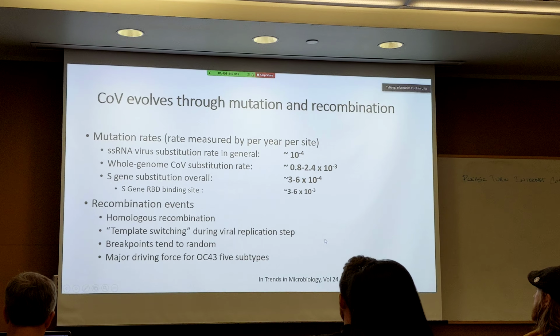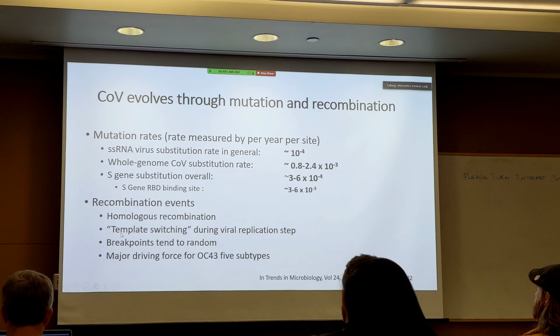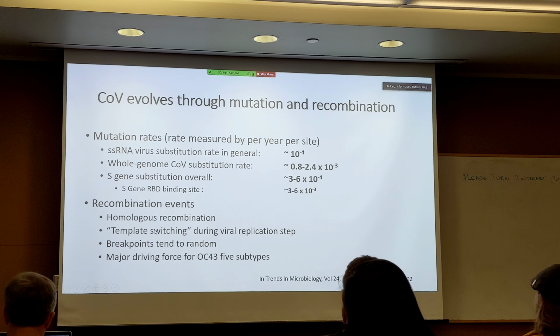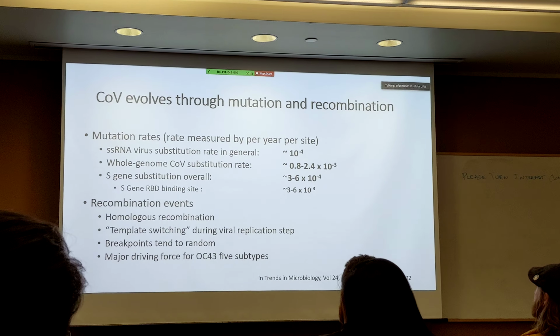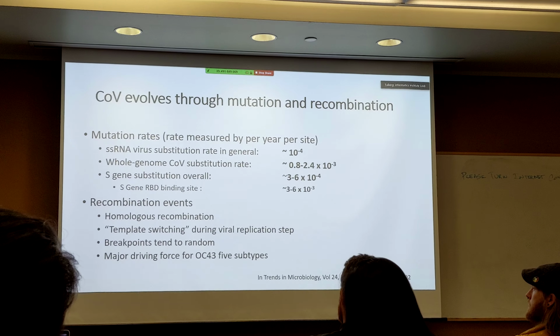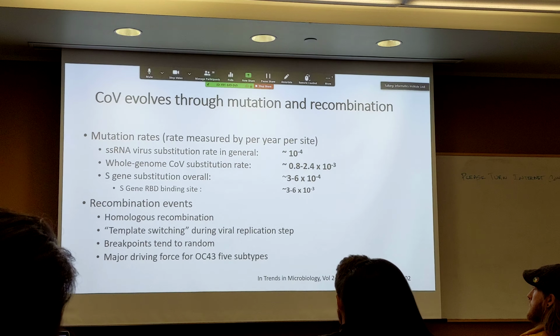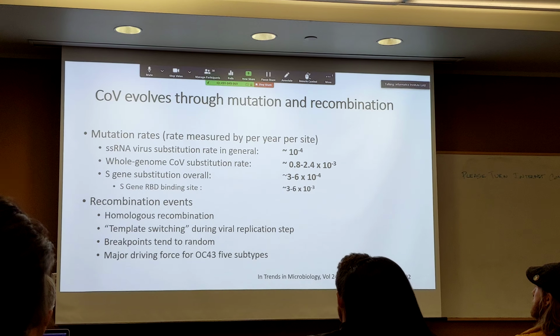And then recombination is another way that the virus would evolve. In recombination, essentially, you have multiple viruses maybe infecting a host, and it simply switches the template because it doesn't actually go from the beginning to the end. It would actually go from little islands, trying to use a template to replicate itself.